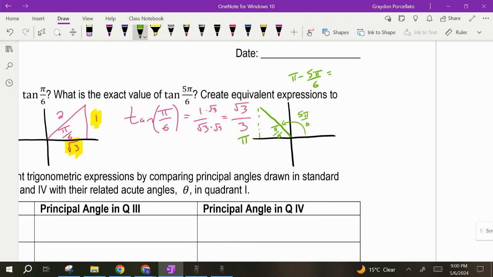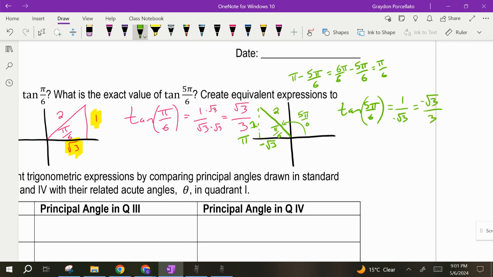You can do that in your calculator or get a common denominator: 6 pi over 6 minus 5 pi over 6 equals pi over 6. Again, we fill in our special triangle, 1, root 3, 2, and in this case this root 3 is negative. So the tan of 5 pi over 6 is equal to opposite over adjacent, 1 over negative root 3, which is equivalent to negative root 3 over 3.